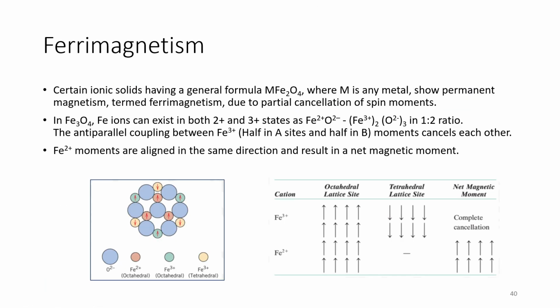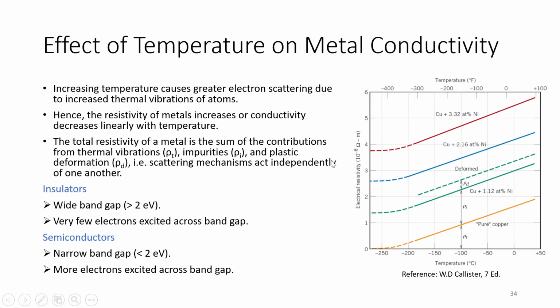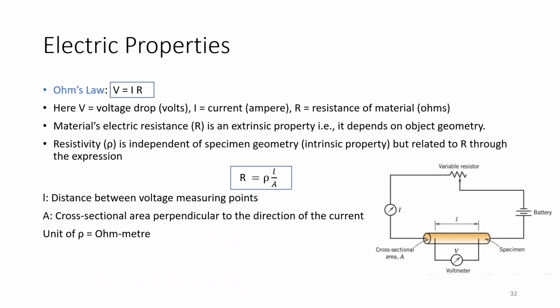These are some of the questions that can be important in this particular chapter. In other chapters you can see, such as the packing fraction of FCC, how to calculate those, and some of the numericals related to those can be important.